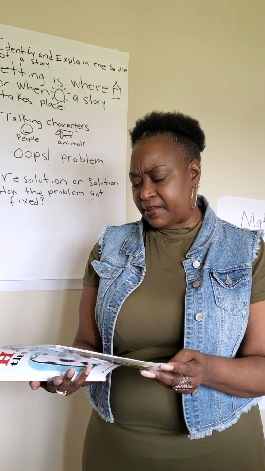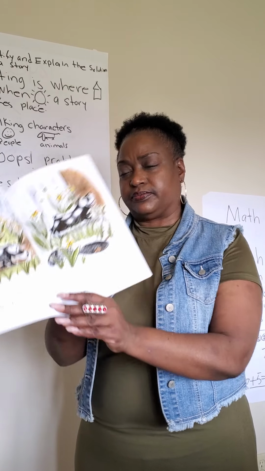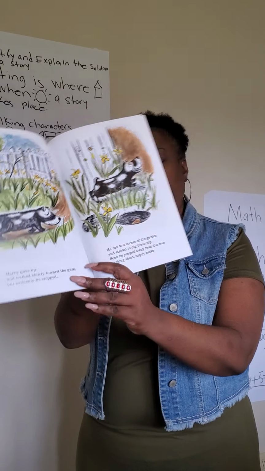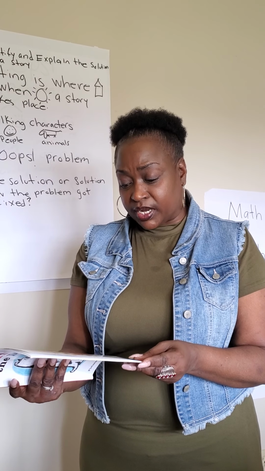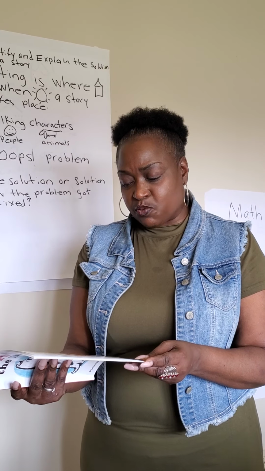Harry gave up and walked slowly toward the gate, but suddenly he stopped. He ran to a corner of the garden and started to dig furiously. Soon he jumped away from the hole, barking short, happy barks. He found the scrubbing brush, and carrying it in his mouth, he ran into the house.